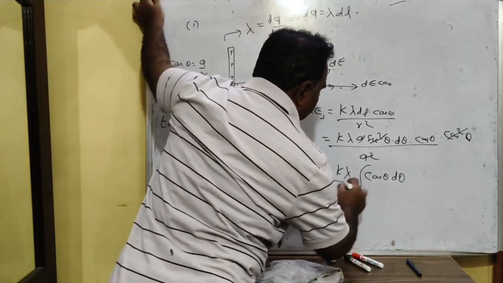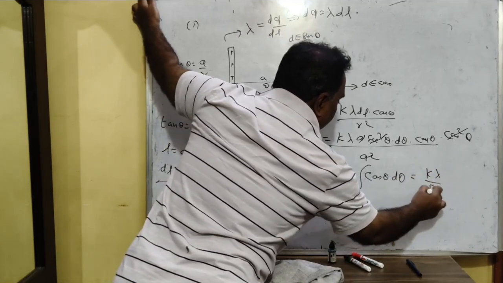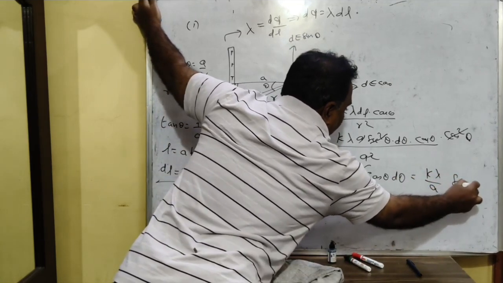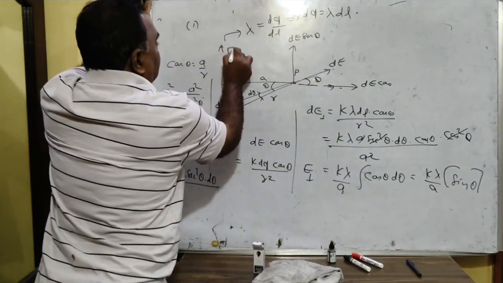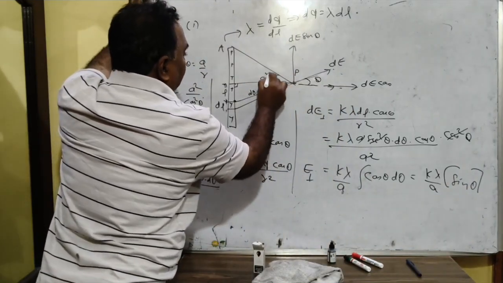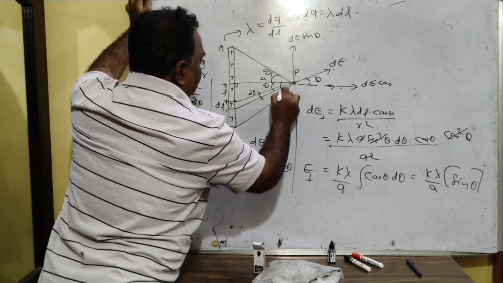What is the integration of cos theta d theta? K lambda by a sin theta. The upper end subtends angle theta 1 and the lower end subtends angle theta 2 from the central line.